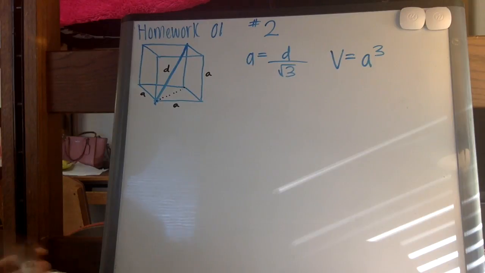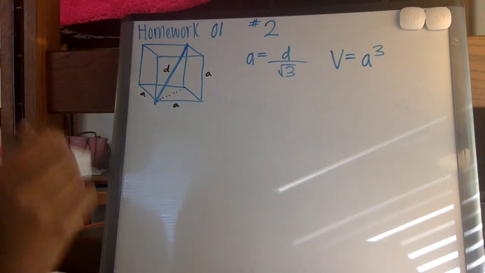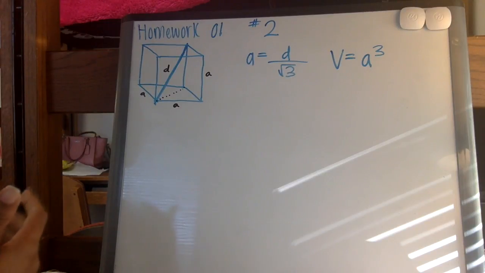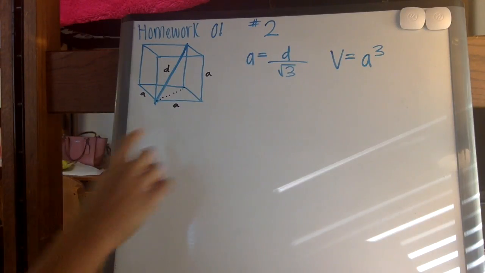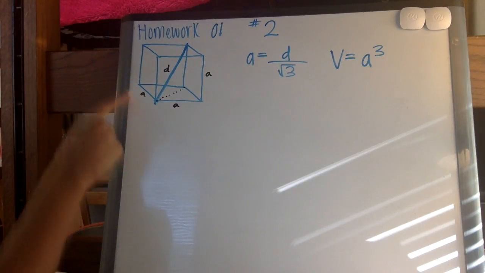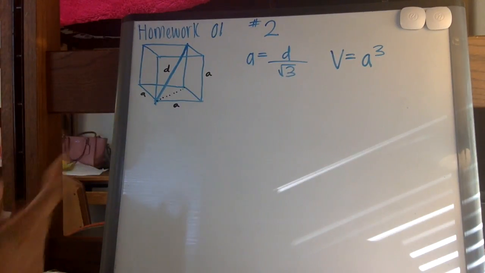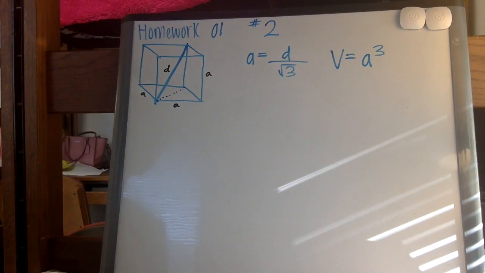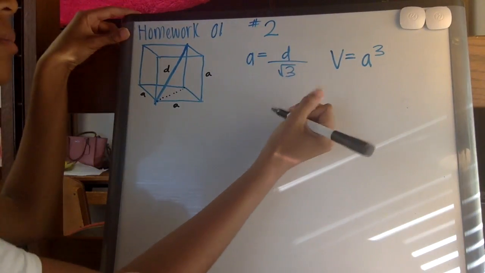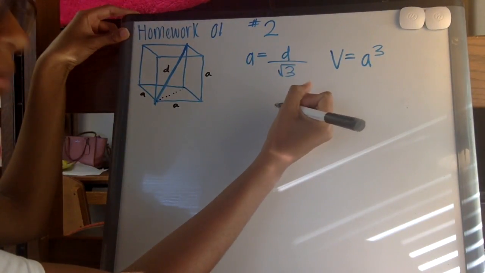For a cube, a square made three-dimensional becomes a cube. Our area is a squared because it's a times a, but to add the third dimension, we multiply it by another a, making it a cubed. So we get the equation V equals a cubed. Because we already found our a, this is a simple problem because we're just plugging things in.